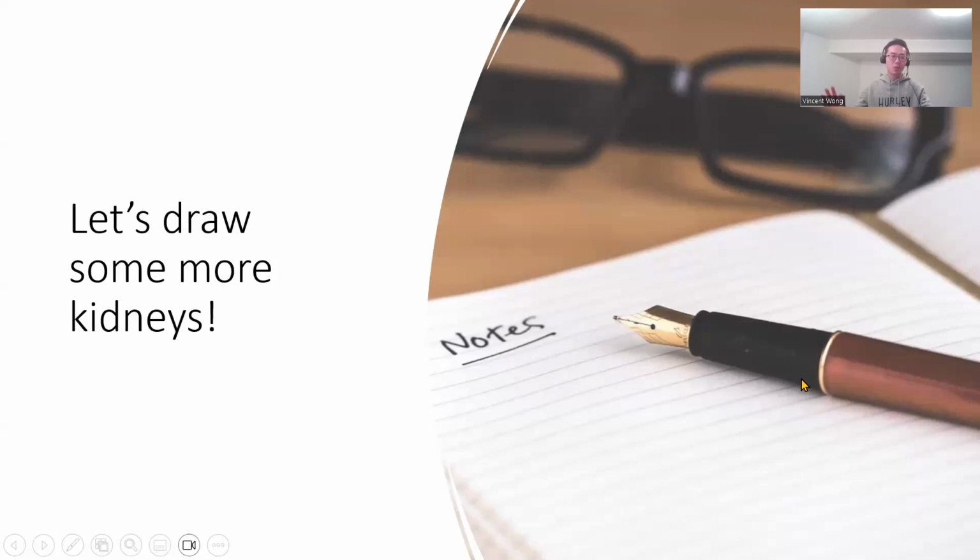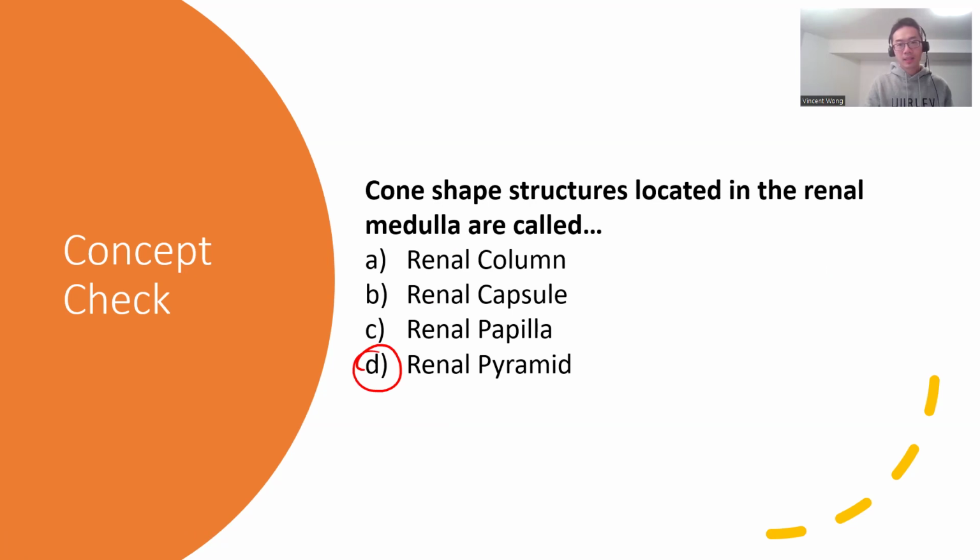Professor, I have a question. Yeah, sure, go ahead. Wouldn't it be the renal papilla, because that is cone shaped as well? The cone shape as in the whole cone. This is a cone, right? The tip would be like the tip of a cone, I suppose.